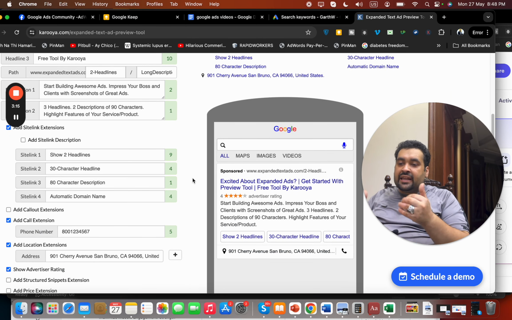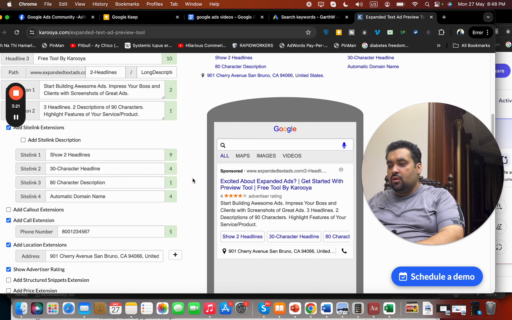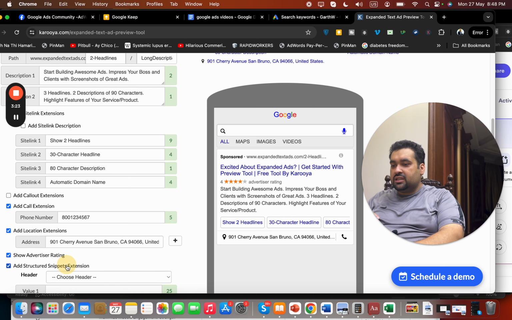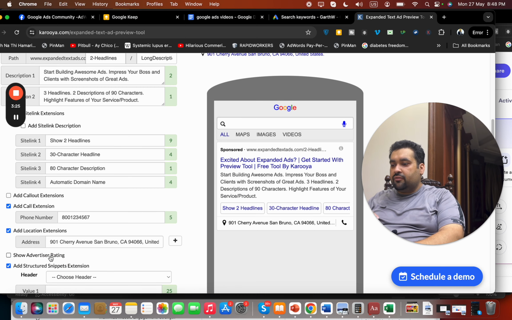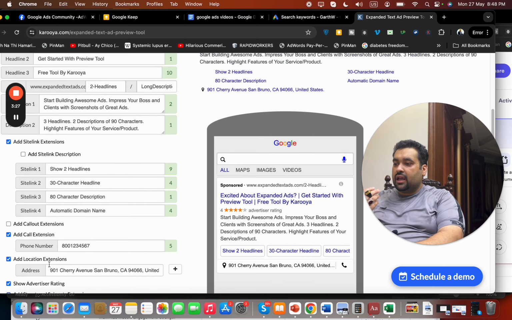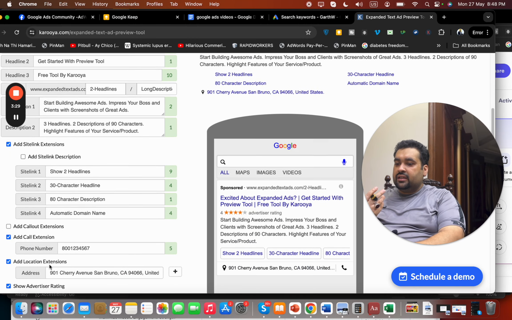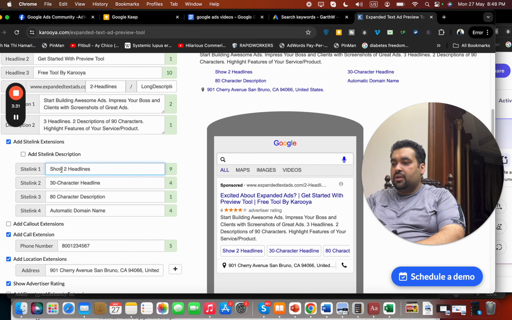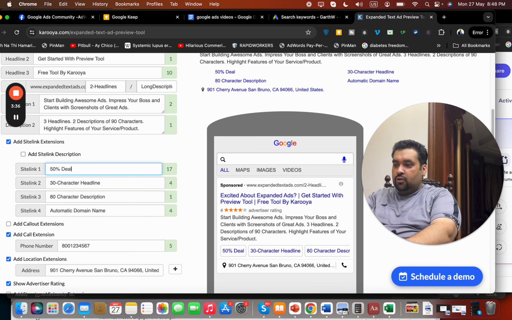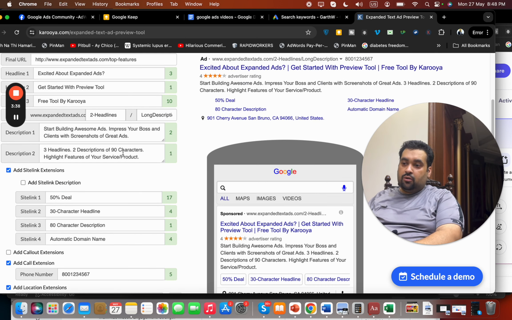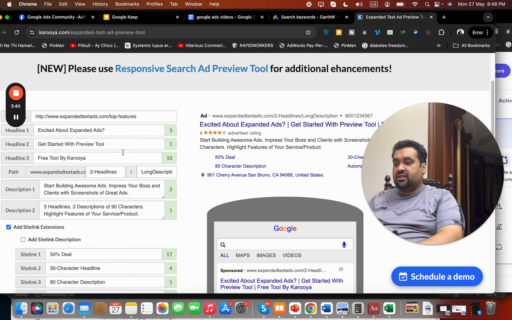So if you want to increase the CTR on your ad, the best way is to work with your ad extensions. You can see how structure and different things can be added on. You can even add descriptions and make it better, like a 50% off deal. You can even write it in the sitelinks as well, but I recommend having a separate ad extension.